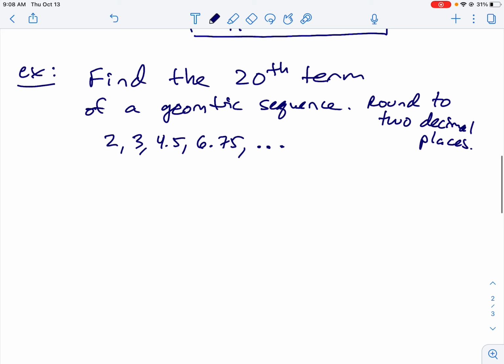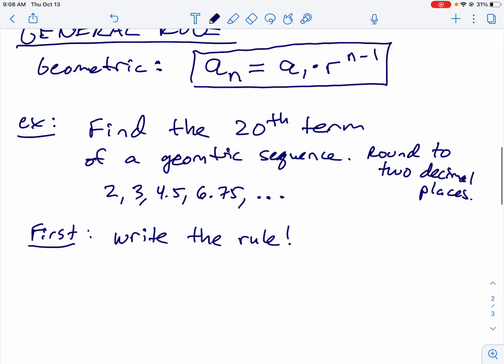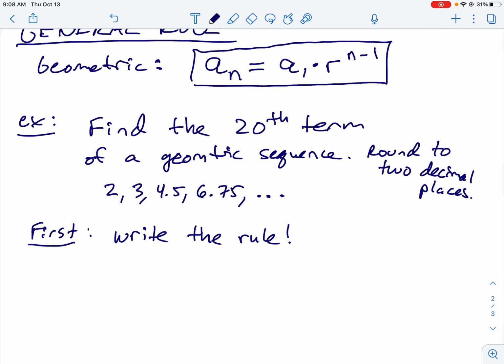All right, first, let's find the rule. Okay? So we're going to use this formula up here. I'm going to write it down again, and I'm going to fill in what I know.